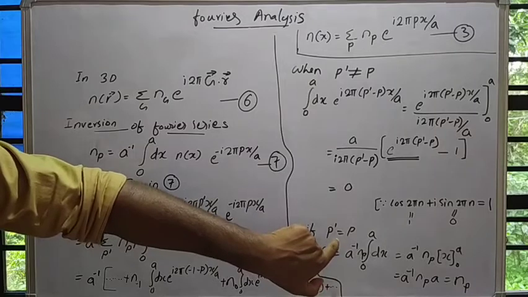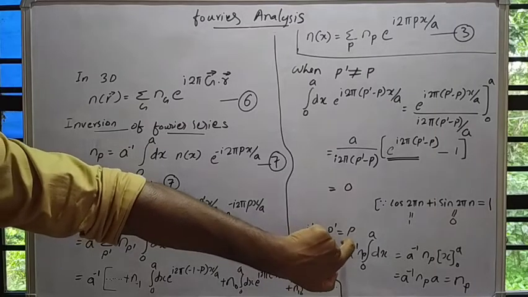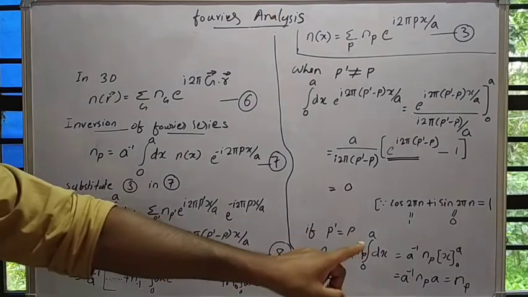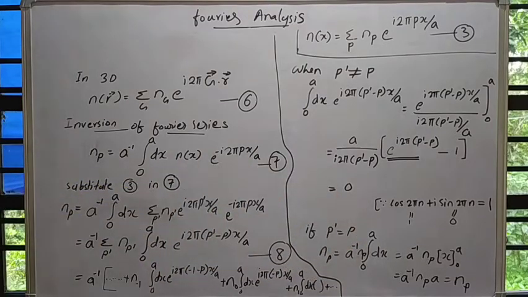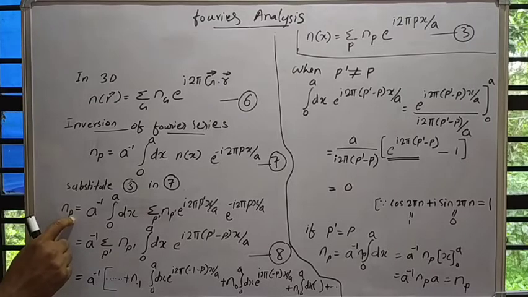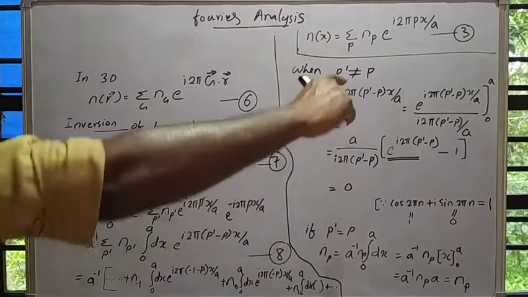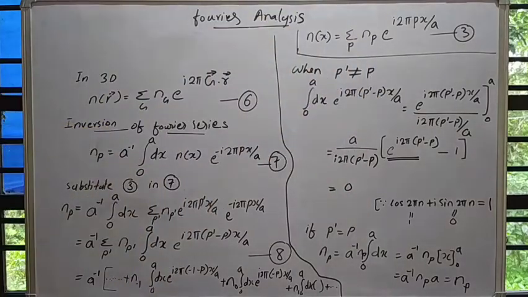In one term p' will be equal to p. p' and p are integers. For instance, if p is −1, then this term has p' equal to p. All remaining terms have p' not equal to p.